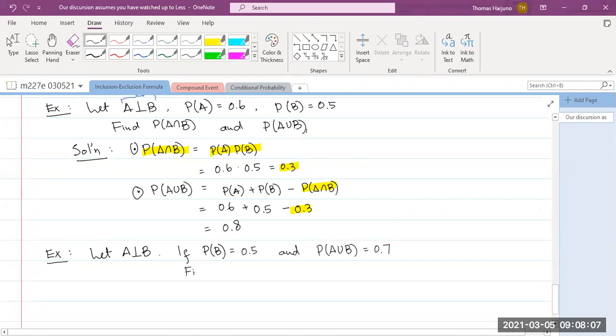Find probability of A. Now, this one is more difficult.